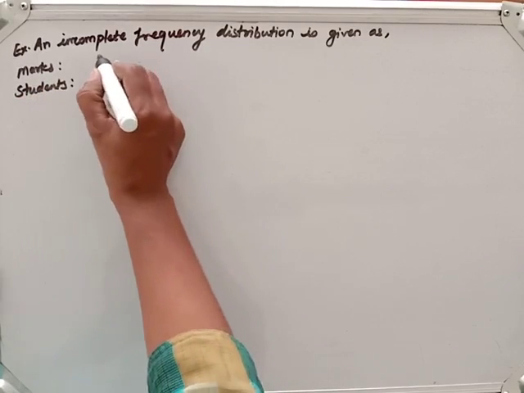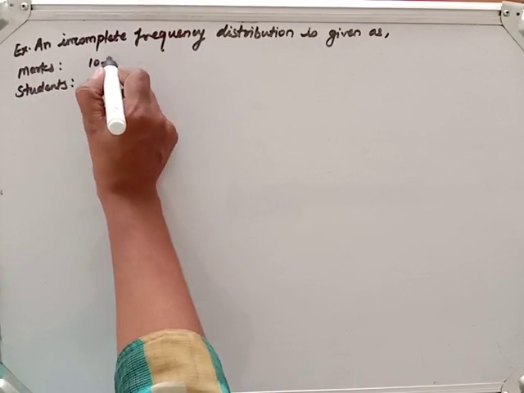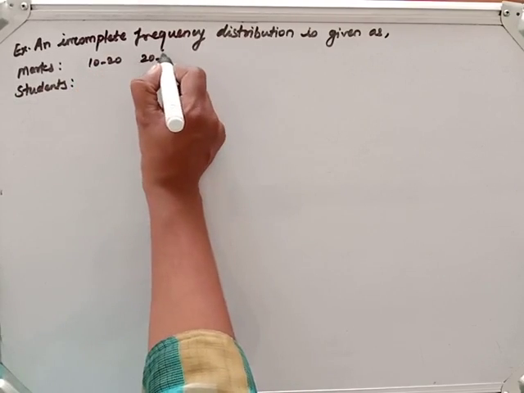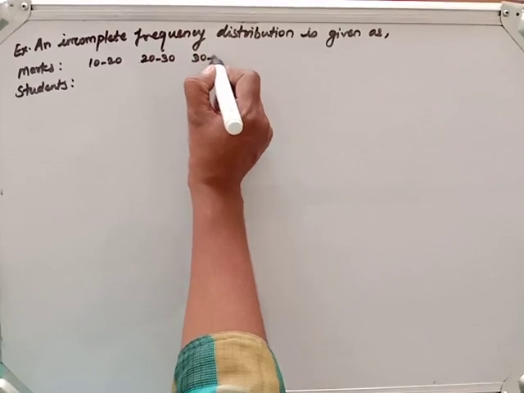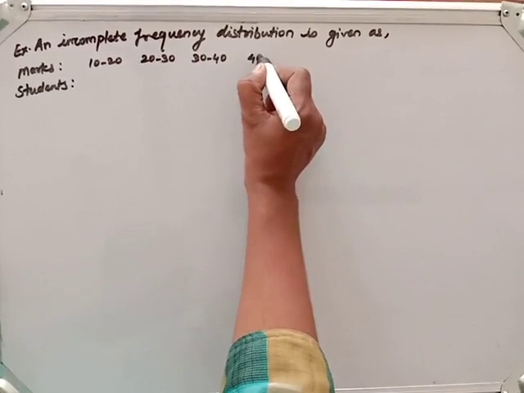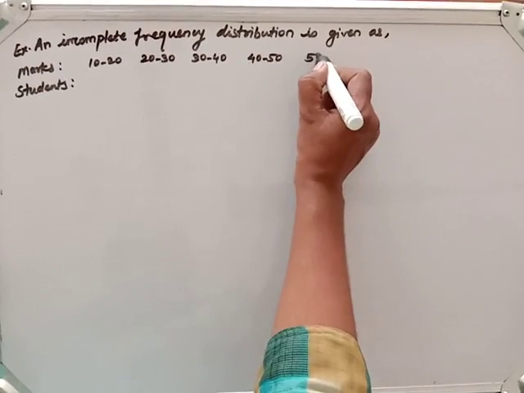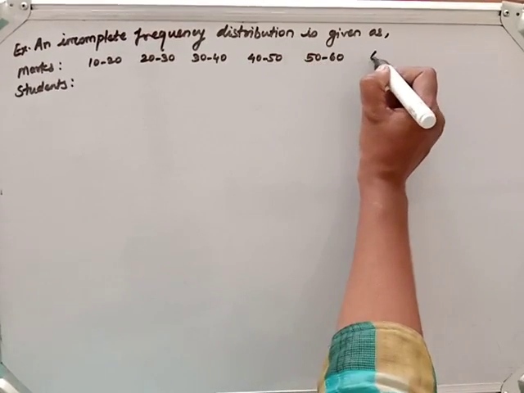Okay, so what are the marks? Marks are from 10 to 20, 20 to 30, 30 to 40, 40 to 50, 50 to 60 and 60 to 70.